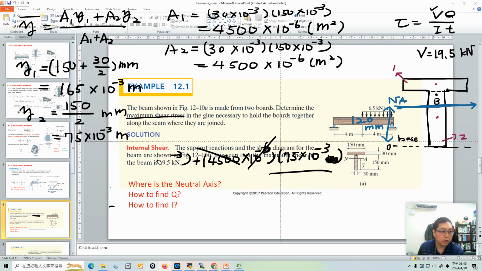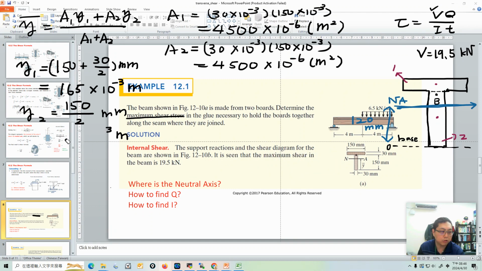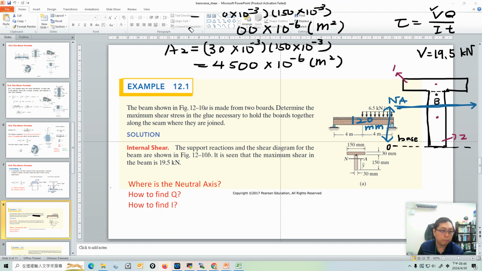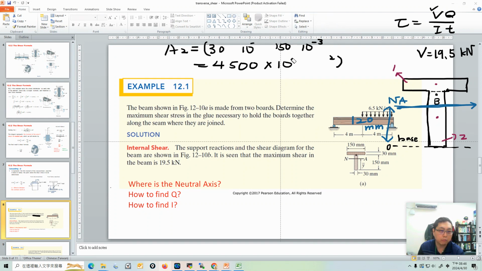The next thing I'm going to calculate is the moment of inertia. It's more difficult to calculate, and we have to use the so-called parallel axis theorem.